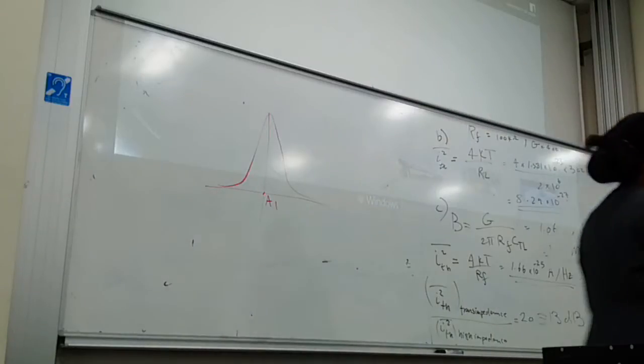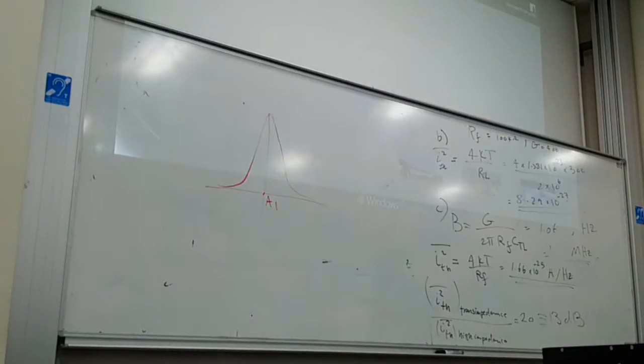So using that, and given that the bit error rate is 10 to the power minus 9, we want to get A1.